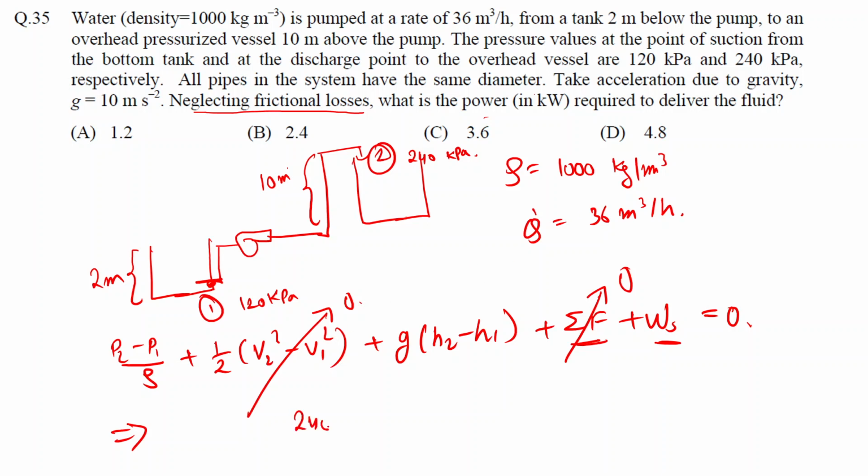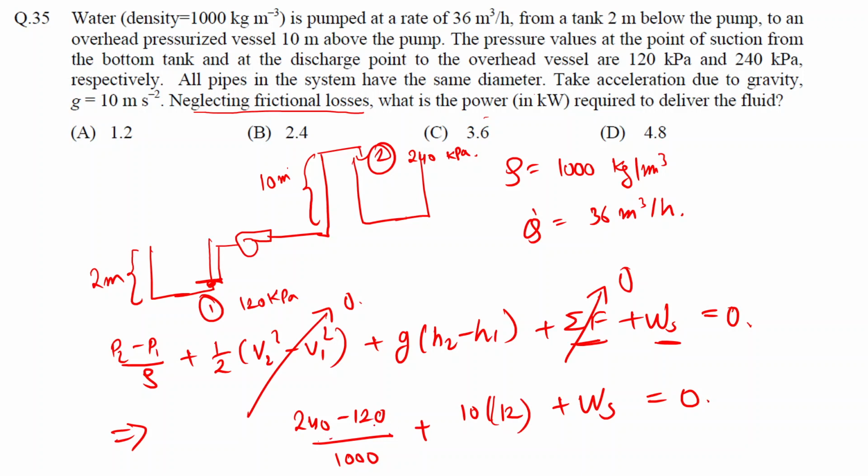So it will become (240 minus 120) upon rho, which is 1000, plus g, which is 10, into (H2 minus H1), which is basically 10 plus 2, that is 12, plus shaft work is equal to 0.